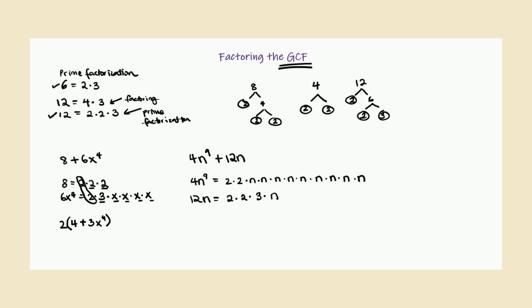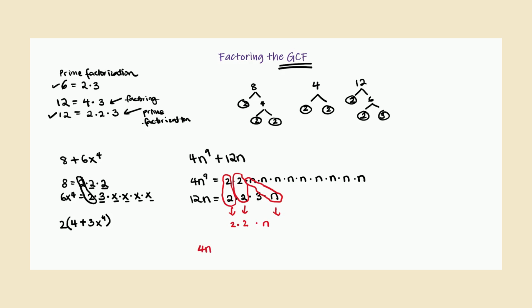Now we notice they have a 2 in common, they have another 2 in common, and then they have an n in common. So the GCF is 2 times 2 times n, which is 4n.